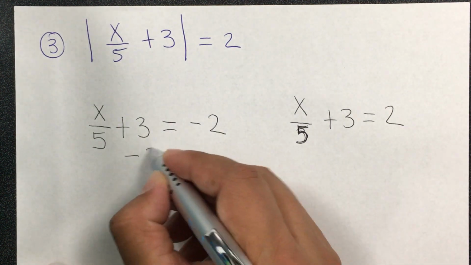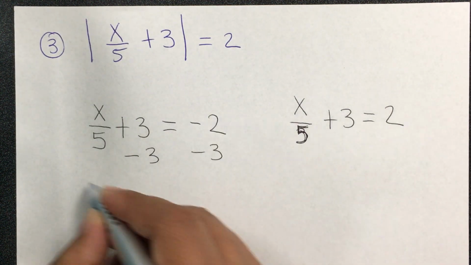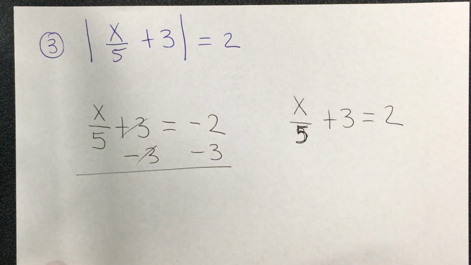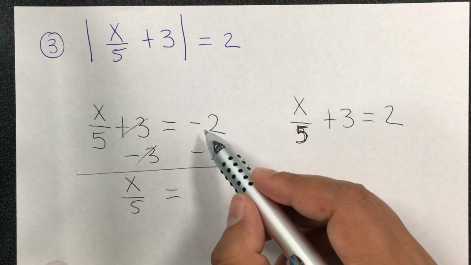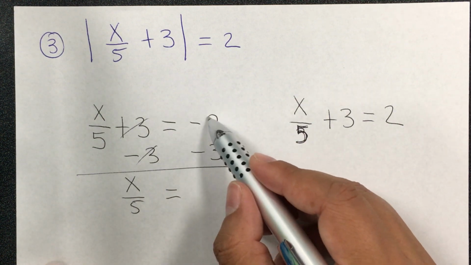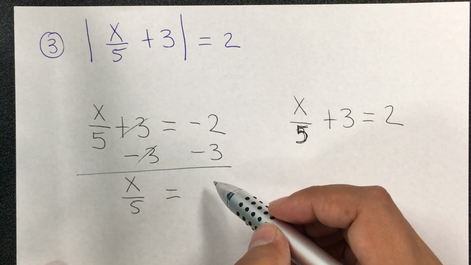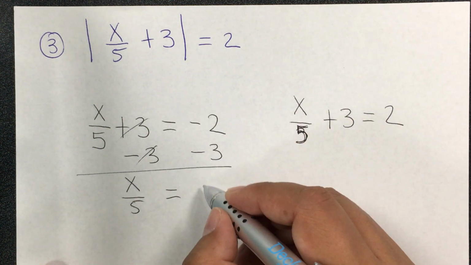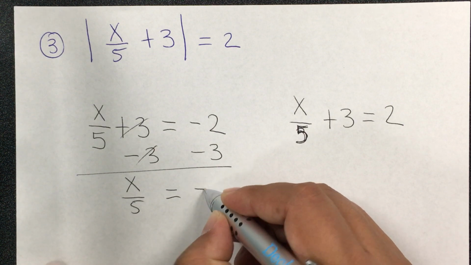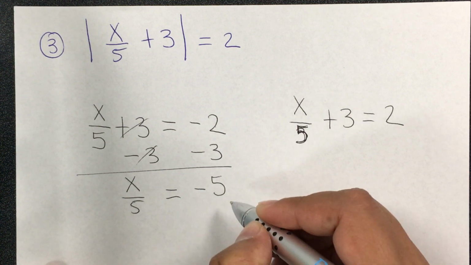We subtract 3 from both sides. This cancels. x divided by 5 equals, remember that if both are negative, then it's addition of negatives. We add them and keep the greater sign. So negative 3 plus 2 is 5.